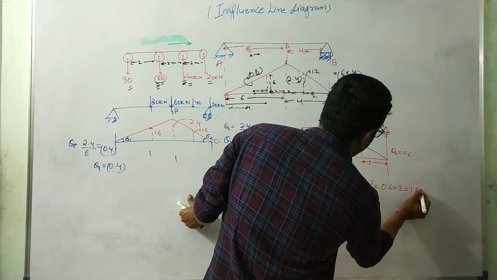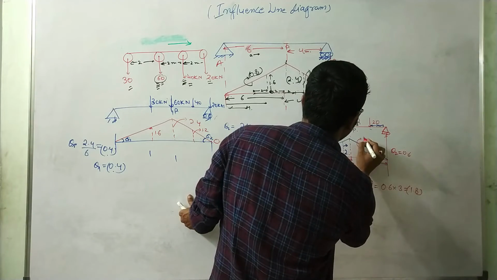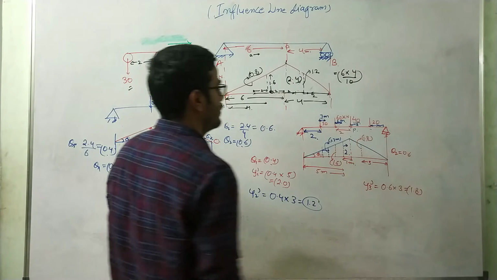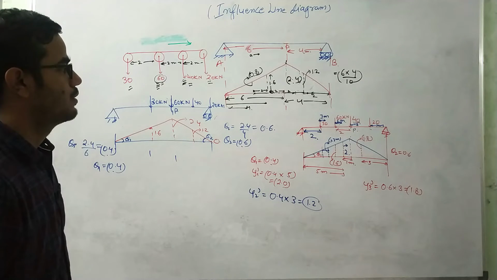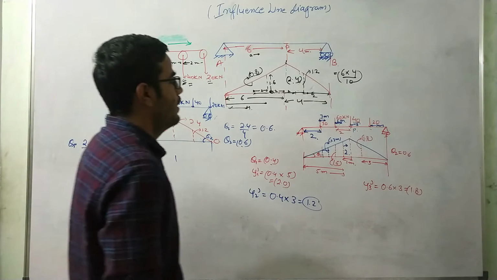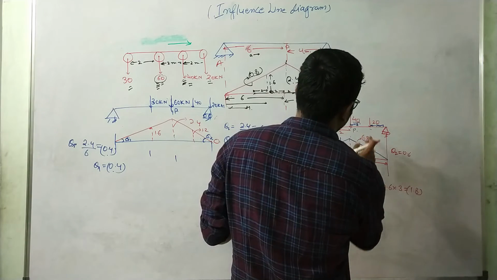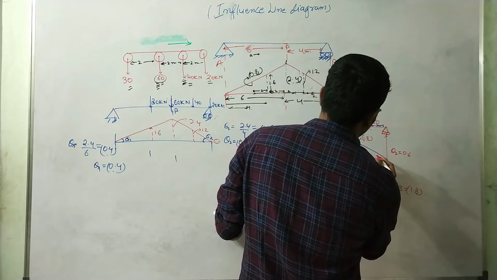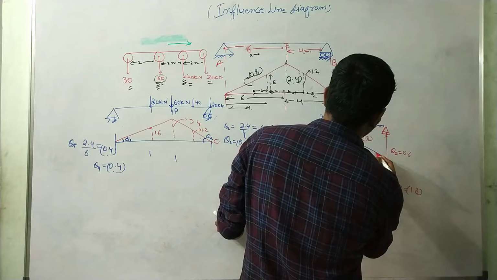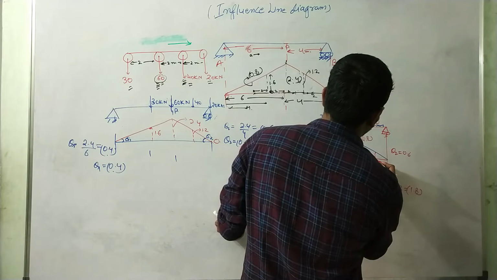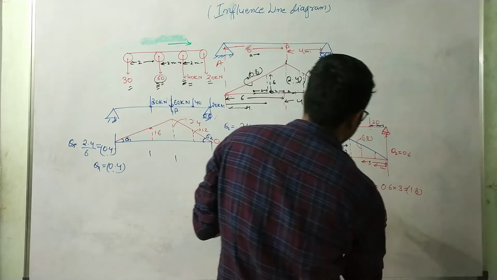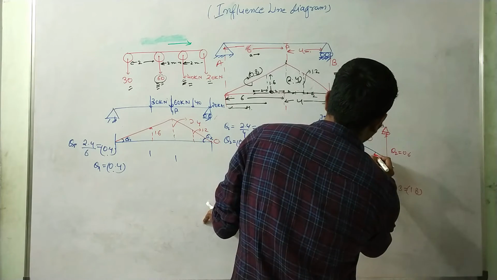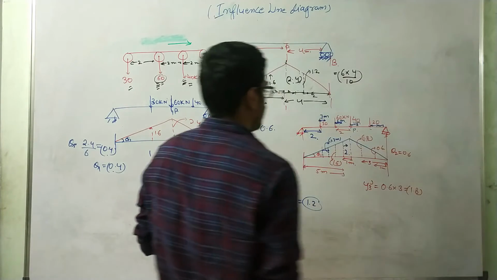So its value comes out to be 1.8. Okay, and if this moves by 1 meter, this again will move by 1 meter. So this value is for 20 kilonewton load, and this distance is 1 meter from here. So its value will be 0.6. Okay.